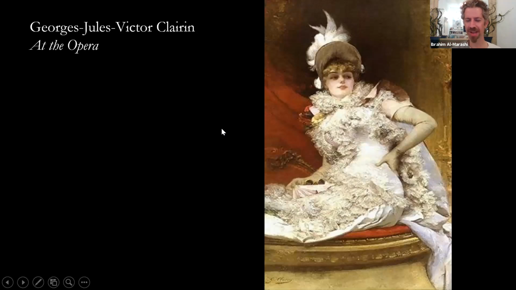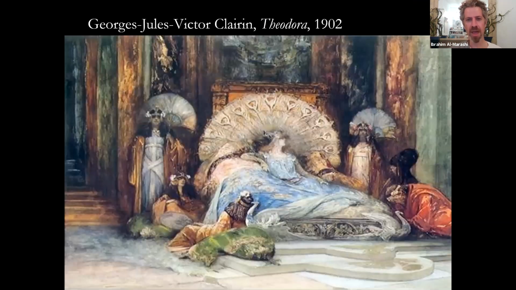Then let's go back to France and look at a later stage. We could say very late Orientalism. If we look at this French painter, this is a European woman, right? But then look at his painting of the Empress Theodora, where you have some Orientalist elements. Right now we're getting into the 1900s.